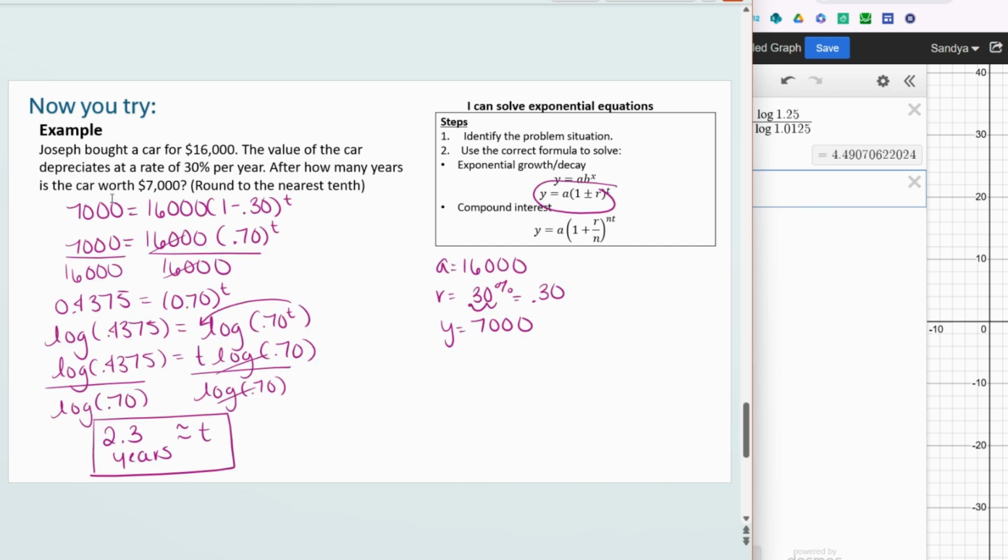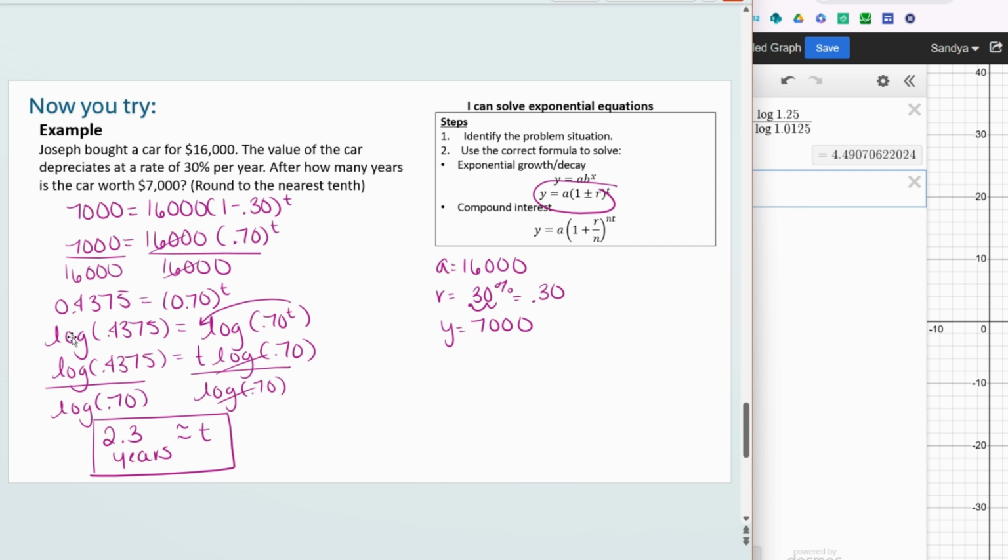So here we have a car depreciating at a rate of 30%. So the starting value is going to be 16,000 and the final value is 7,000. Remember, we're going to use this decay formula, y equals a times 1 minus r to the t. R is 30%, so when we do 1 minus r, that's going to be 0.70. We go ahead and divide both sides by 16,000 to get that exponential term alone.